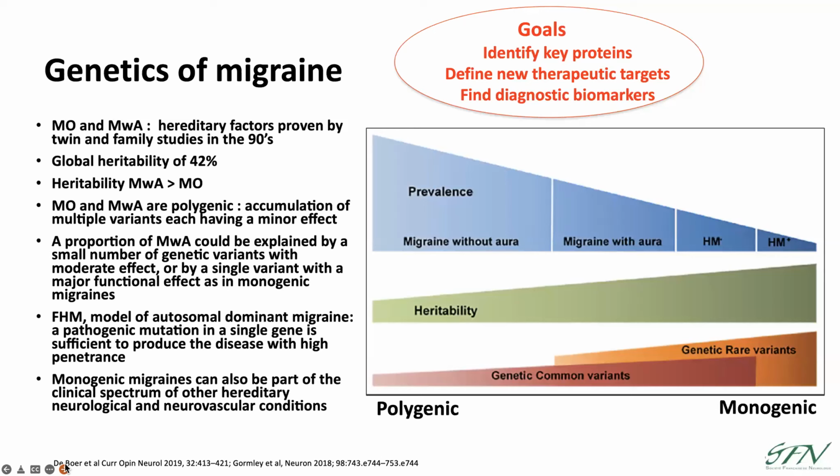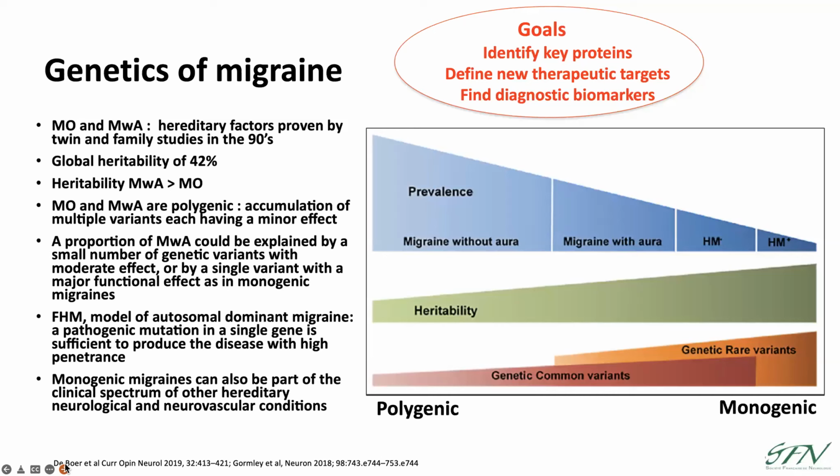And these common variants of migraine are so-called polygenic. That means that accumulation of multiple variants in a high number of different genes, each having a minor effect, explains the fact that a person may have migraine attacks.